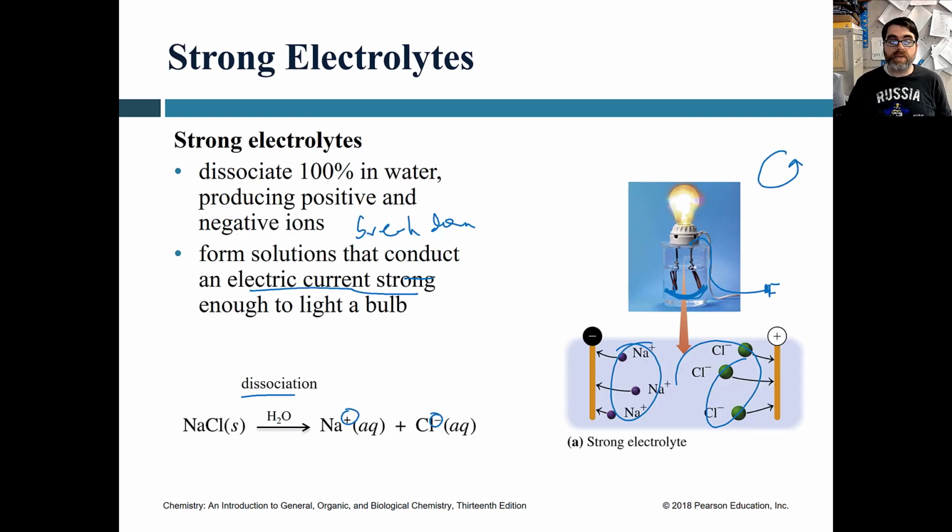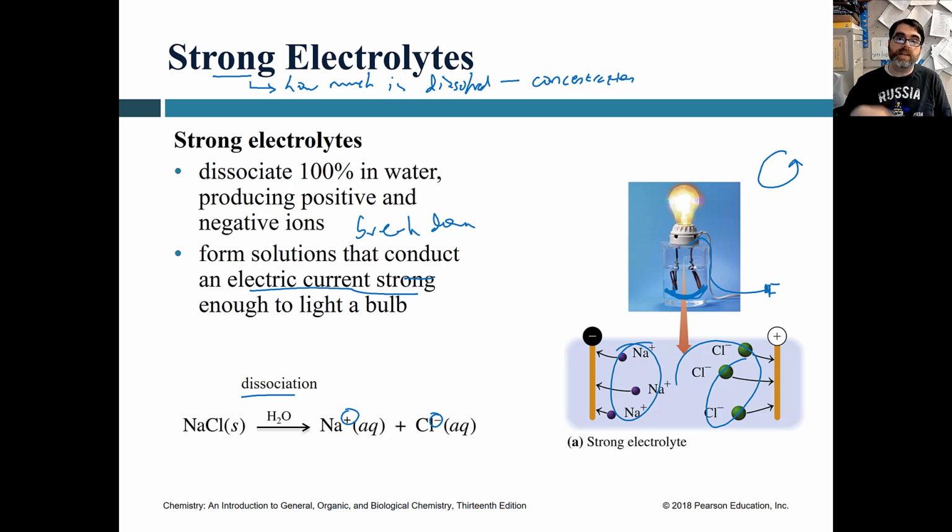Now, I do want to back up here for just a moment and point out that a strong electrolyte is something that breaks down. That doesn't tell us anything about how much is dissolved. And we have a whole section later dealing with concentration, how much stuff is dissolved. We touch on it briefly here in this section. You can have very little of a strong electrolyte dissolved. It is not very conductive when that happens.